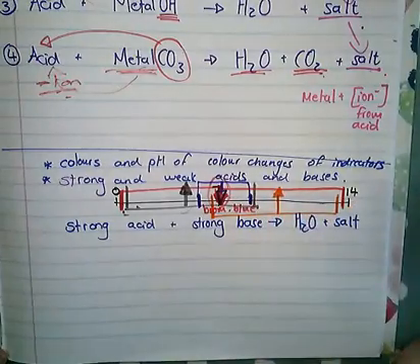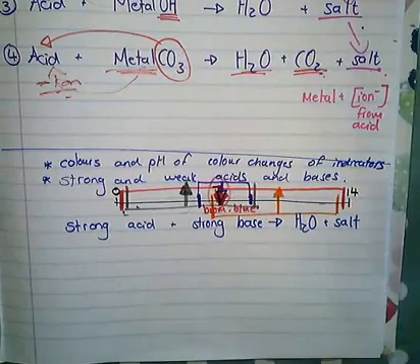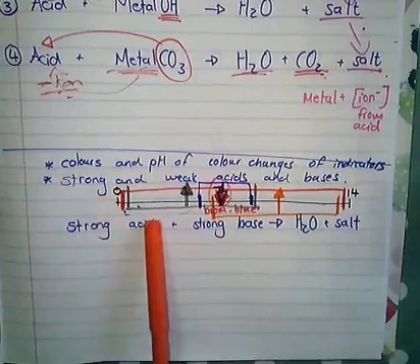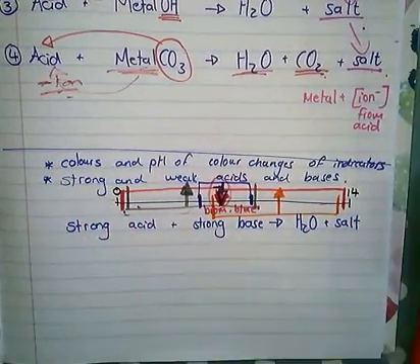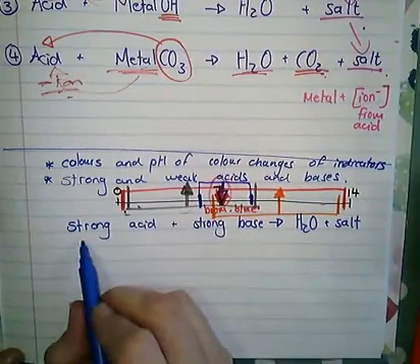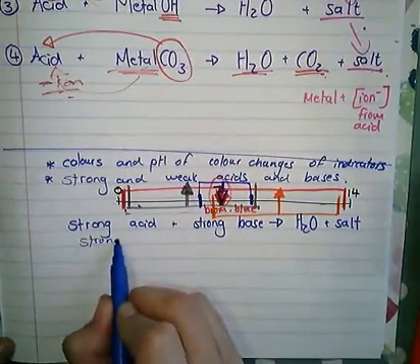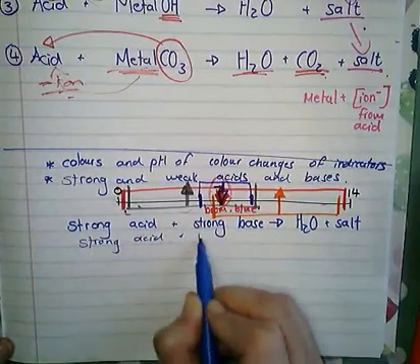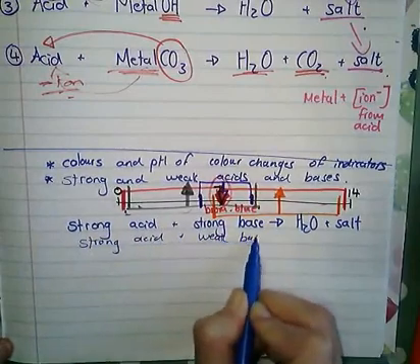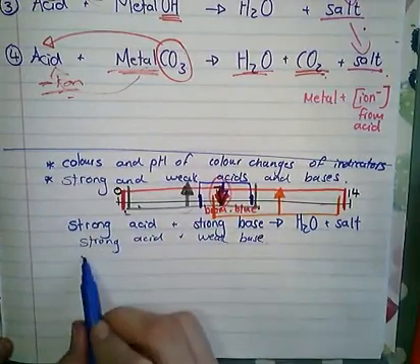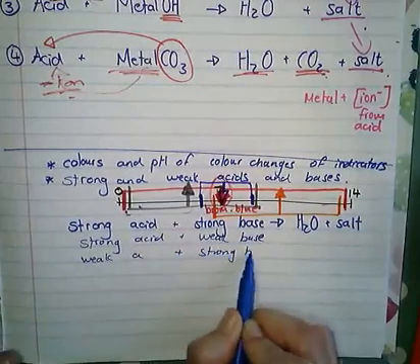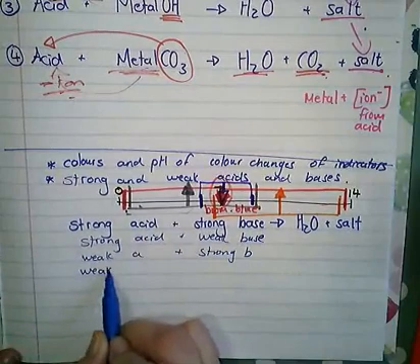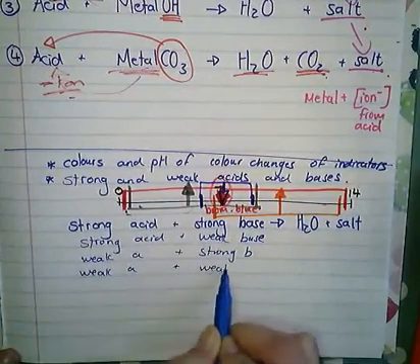So whether it's a strong acid and a strong base, or a strong acid and a weak base, or a weak acid and a strong base, or a weak acid and a weak base. Again, when the two strong ones or the two weak ones meet, you're going to need bromothymol blue.